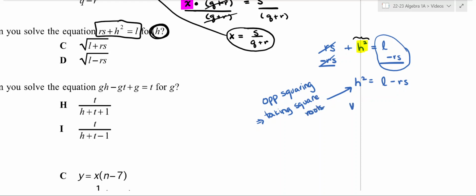So what we want to do is we want to take the square root on the left, and we want to take the square root on the right. So what ends up happening is that this square root cancels the square, and we're left with h.